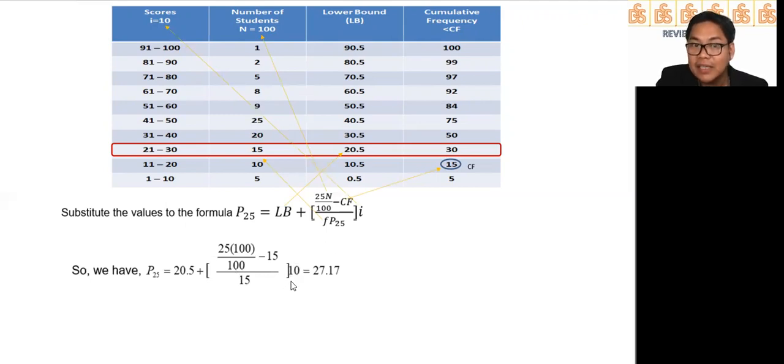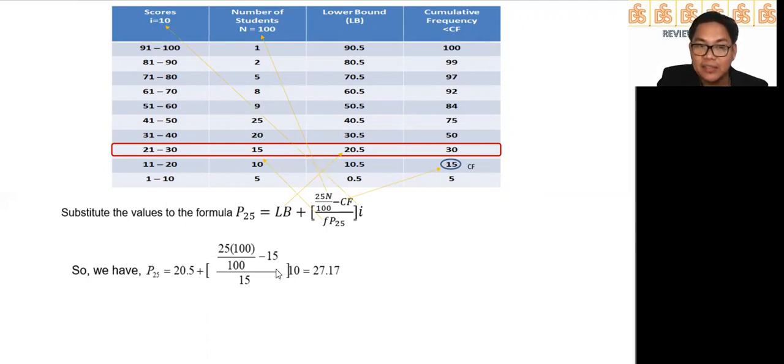So that is 100 divided by 15. Again, use your calculator.